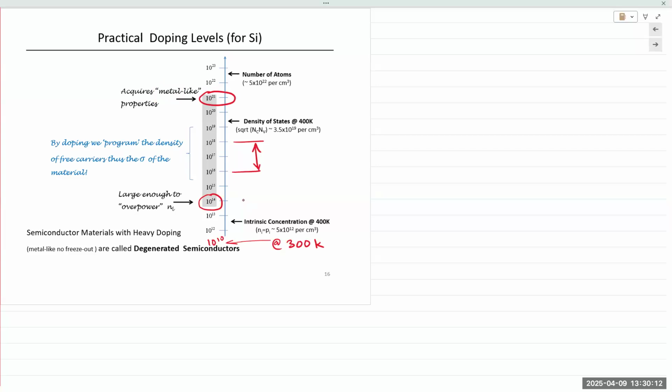Okay, because there are plenty of electrons available for conduction, it starts behaving like a metallic conductor. So this line or graph gives you an idea of what kind of doping profiles are used in the industry. Okay.